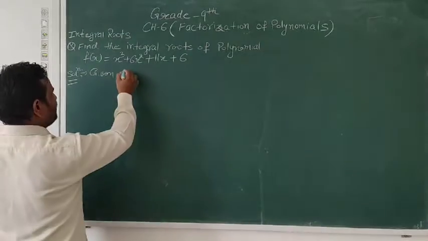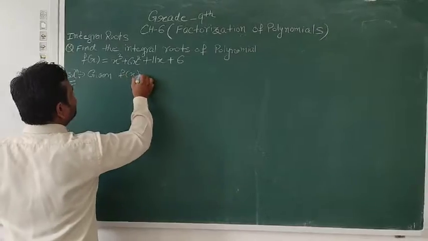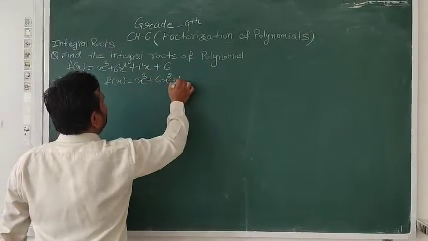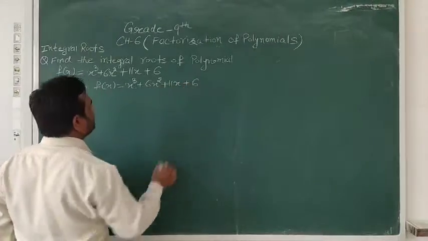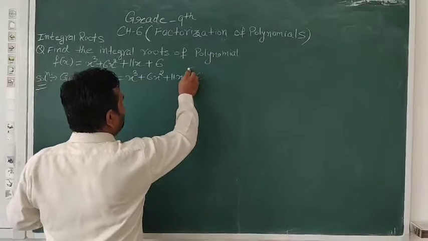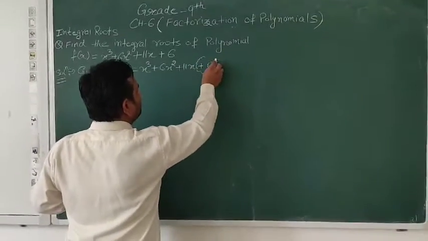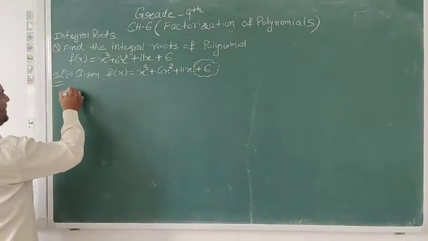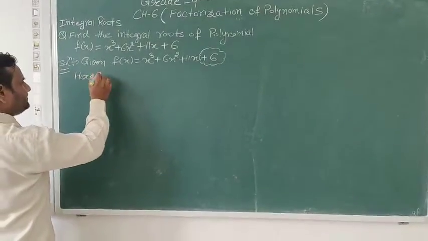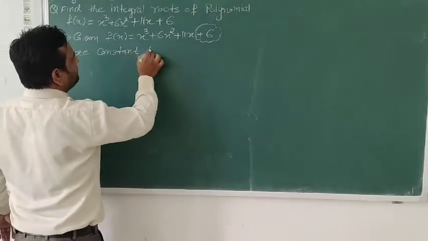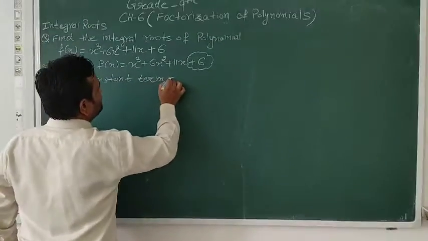See here, given f of x is equal to x cube plus 6x square plus 11x plus 6. So we have to focus on the last term, the constant term. You can see that the constant term has a positive sign. So I am writing here, students, constant term is equal to 6.